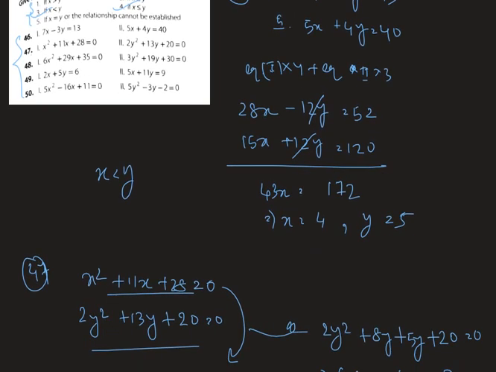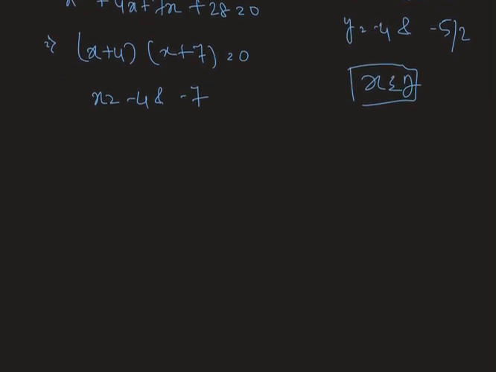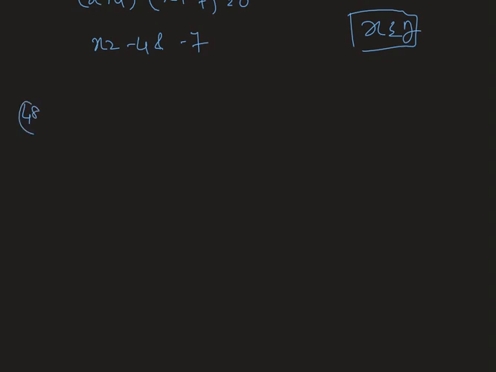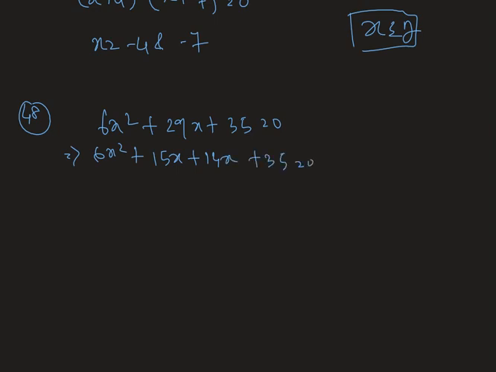Now let's get into the next question, 48. Here we have two quadratic equations also based on x and y. If we factorize this quadratic equation, we get 6x square plus 15x plus 14x plus 35 equals 0.